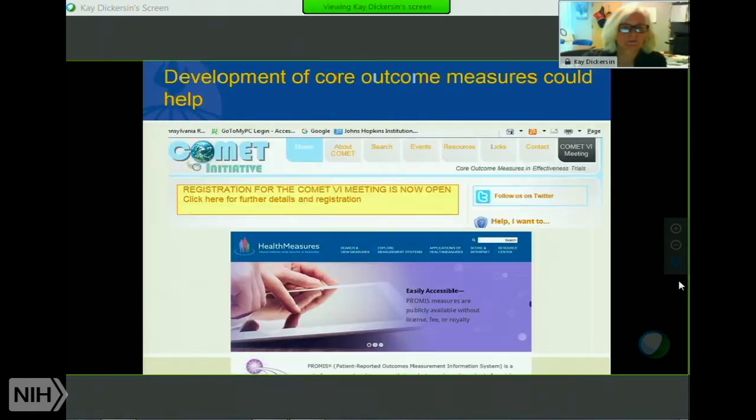And one of the groups, I have it down at the bottom here. Let's see. My animations must not be working, but you can see PROMISE, which is the sort of purple and blue on the bottom of the COMET initiative, health measures. And this is the NIH initiative called PROMISE, which is where they're trying to standardize measures across different topics. So that is one of the core outcome sets that's been developed.